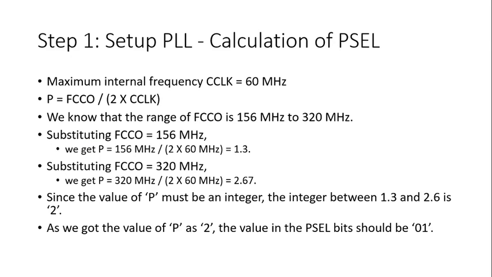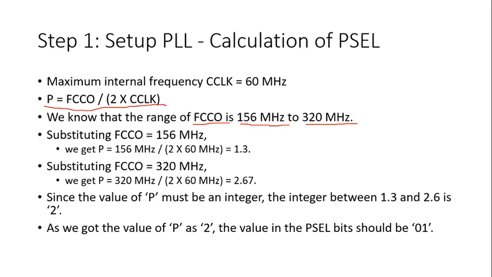Next, here we will do some calculations for one example. Here we have taken CCLK equal to 60 megahertz, and we want to calculate the FCCO. FCCO is equal to CCLK into 2P, or I can rearrange it like this: P is equal to FCCO divided by 2 into CCLK. Now we know that for FCCO the limit is given as 156 megahertz to 320 megahertz.